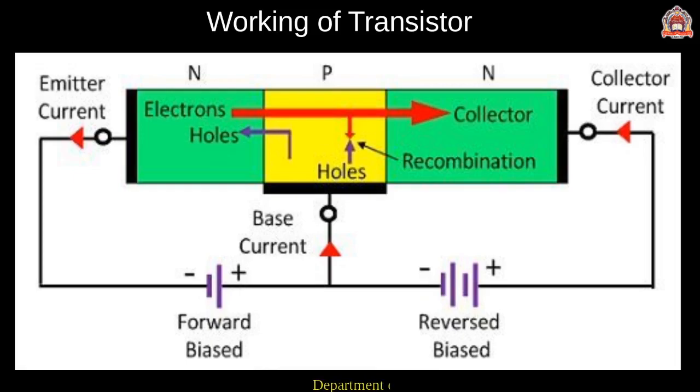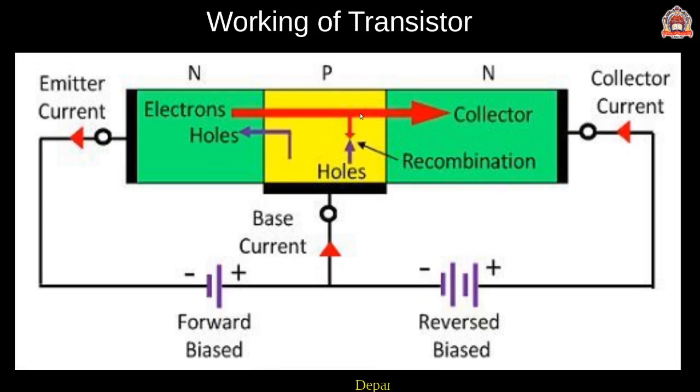A few of the electrons of the emitter combine with the holes of the base region, and the remaining electrons move towards the collector region and constitute the collector current. Thus we can say that a large collector current is obtained by varying the base region.